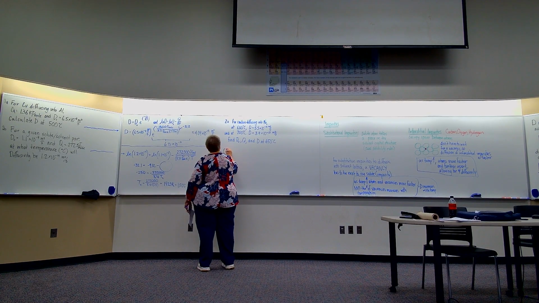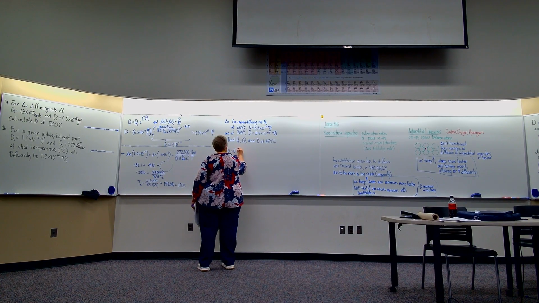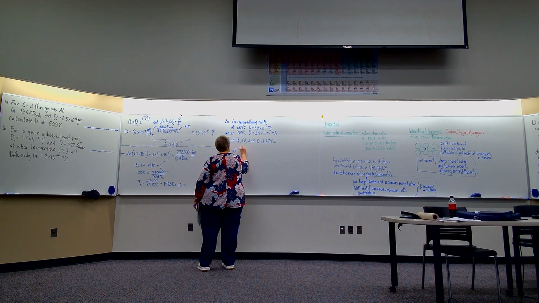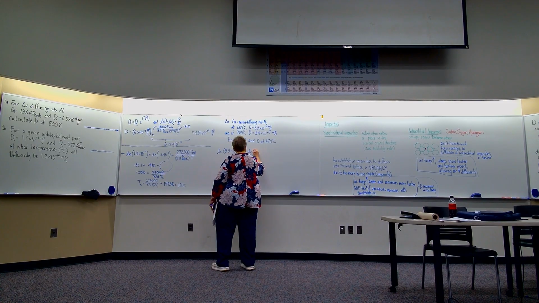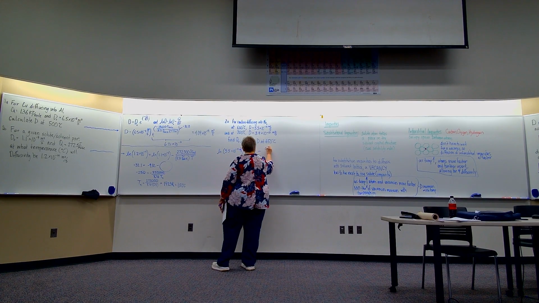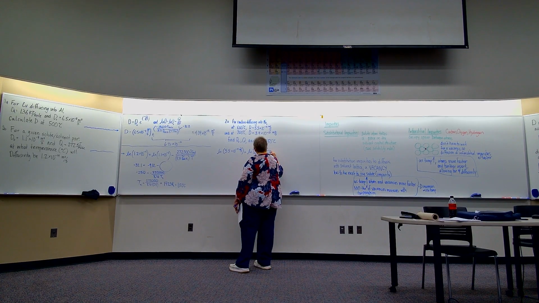Natural log of D, 5.5 times 10 to the negative 14, equals natural log of D0 minus Q over 8.31 times 873 Kelvin.